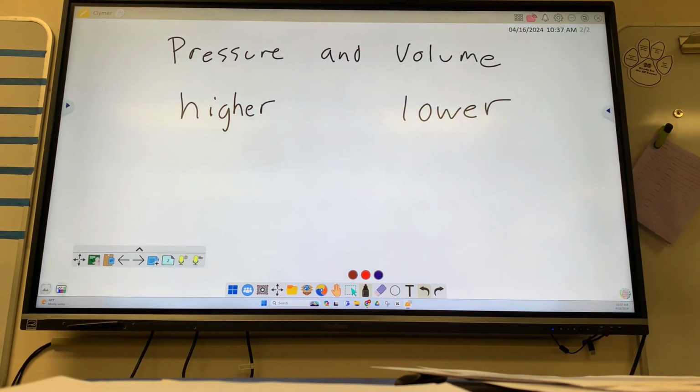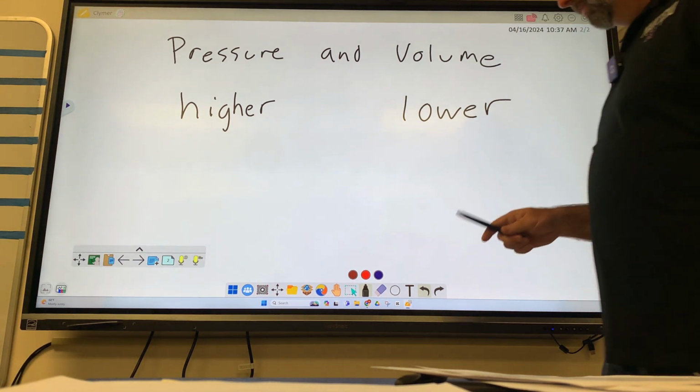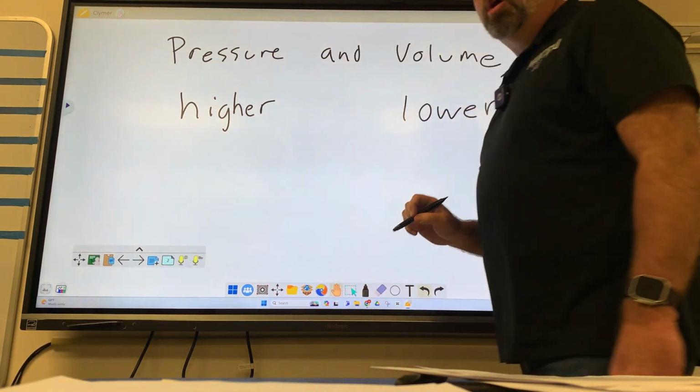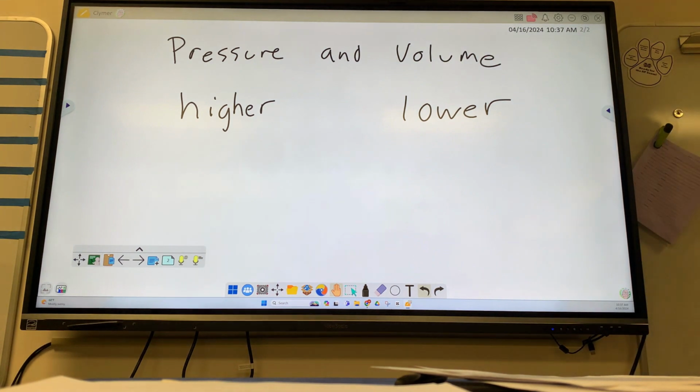As pressure got higher, volume got lower. So you are not alone in these sorts of observations. Scientists have also done similar experiments where they compared things about a selection of gas. They compared things like pressure and volume, and one other one called temperature.